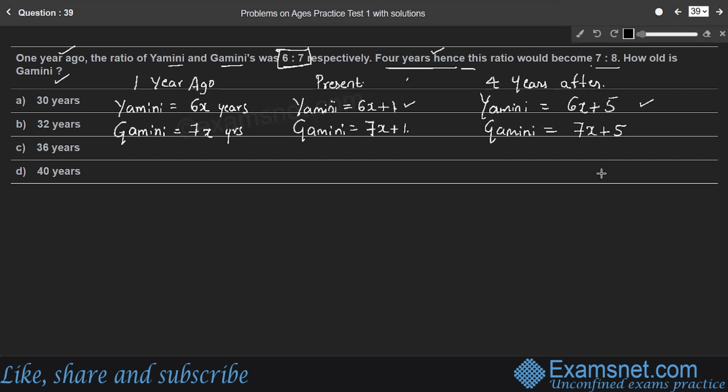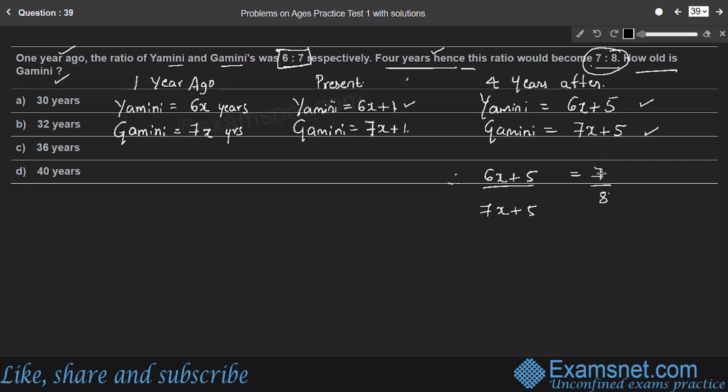And the ratio of their ages would become 7:8, which is already given. So we'll consider 6x plus 5 divided by 7x plus 5 is equal to 7 by 8.